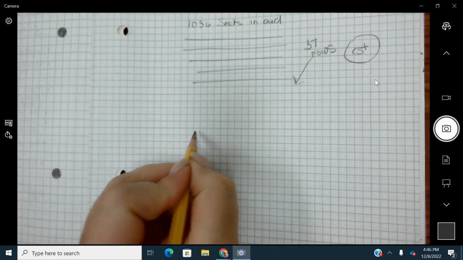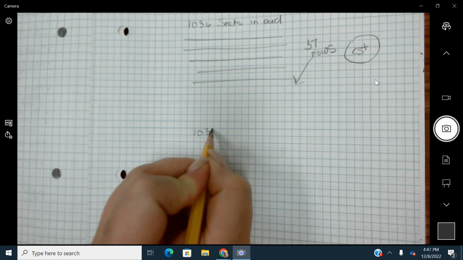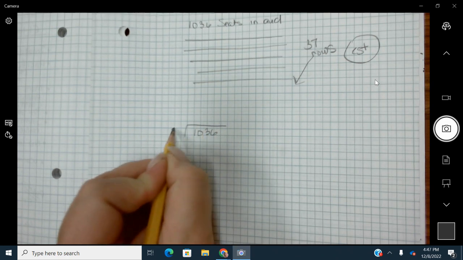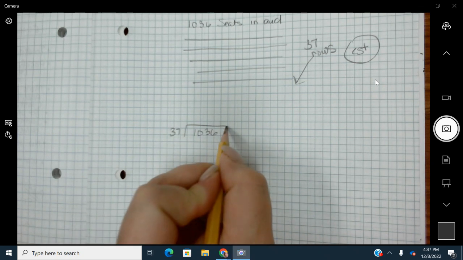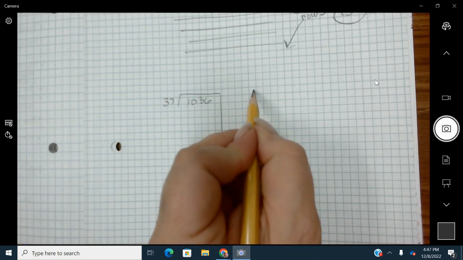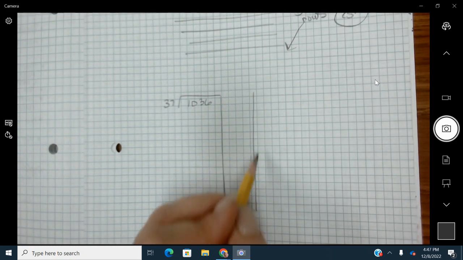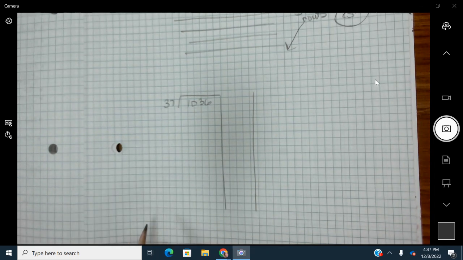So what we do is we set it up just like your normal division problem. 1,036 divided by 37. But instead, we make a long line, and then I ask the kids to make a second line right here. This is the space where they're going to add up the number of 37s.